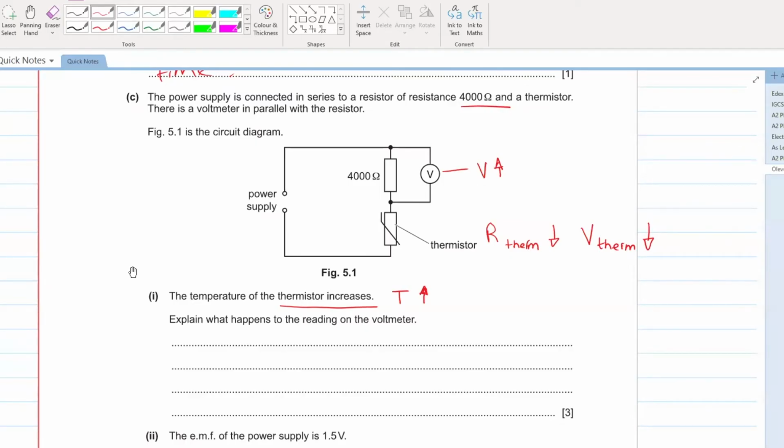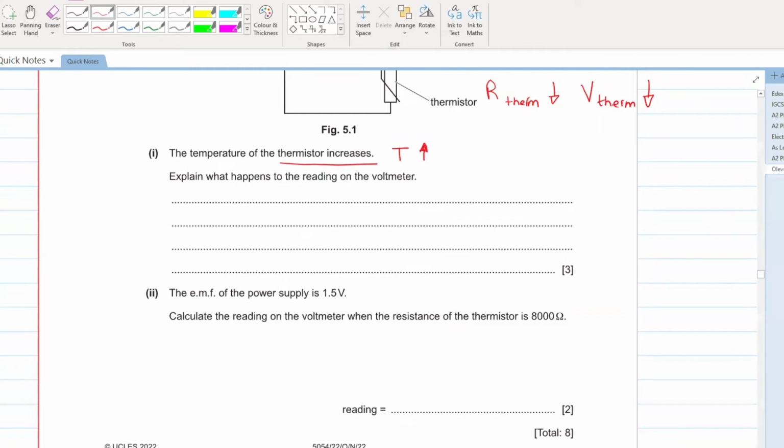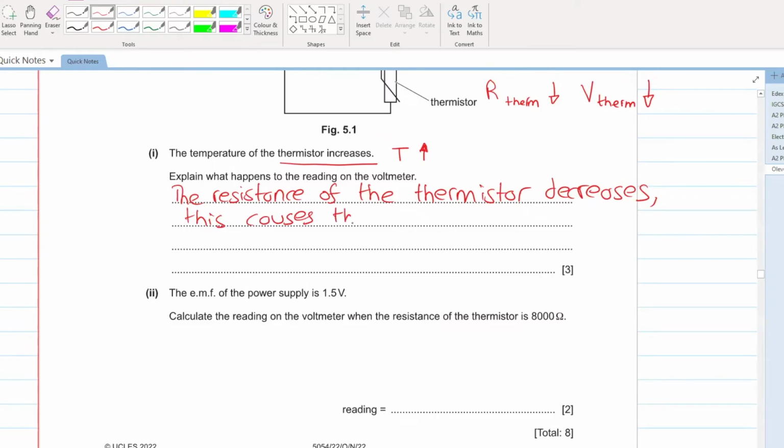So you can write it for 3 marks like this. The resistance of the thermistor decreases. This causes the voltage across the thermistor to decrease.